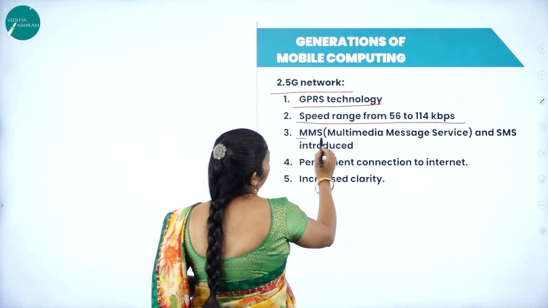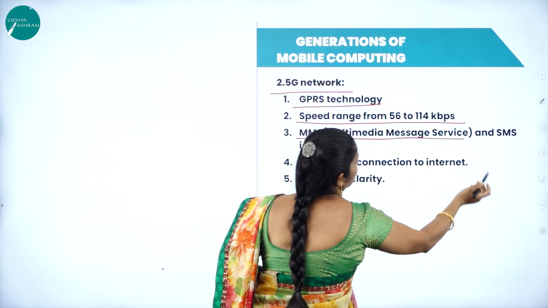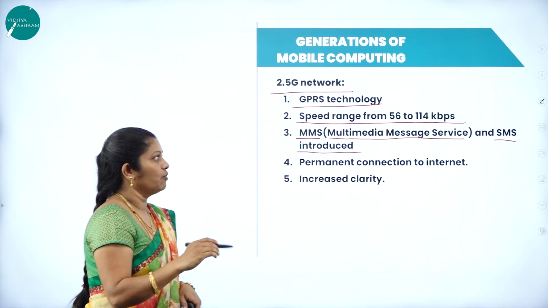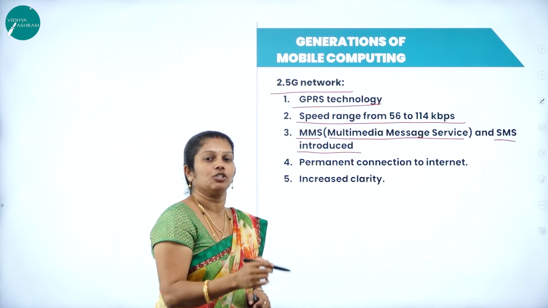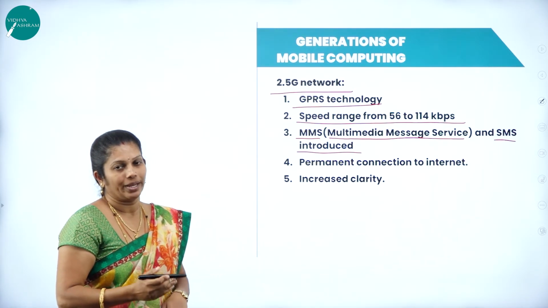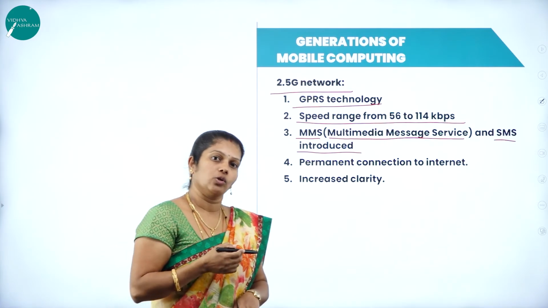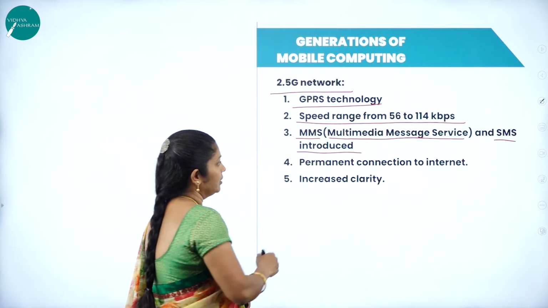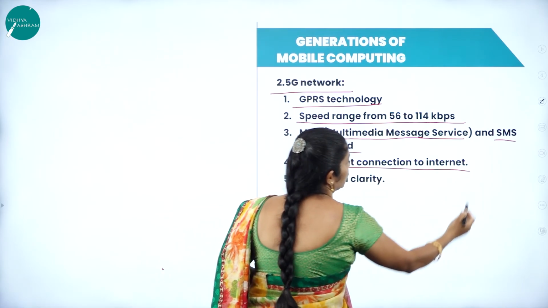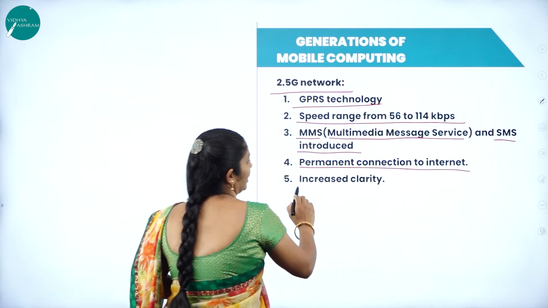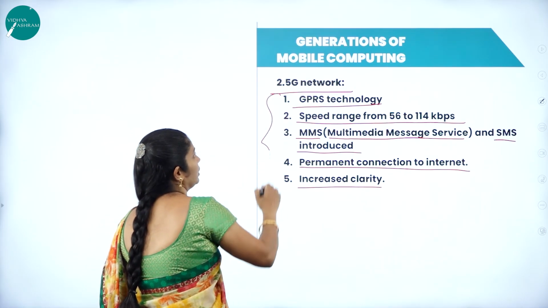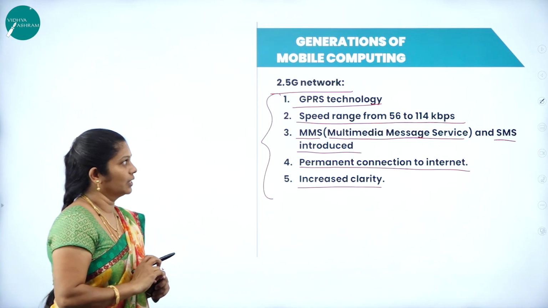And here MMS, that is Multimedia Messaging Service, and SMS were introduced. Multimedia messaging is also possible, and messages can be sent. With that, voice calls can also be performed in 2.5G. Then a permanent connection to the internet, and increased clarity. These are a few features of the 2.5G network.